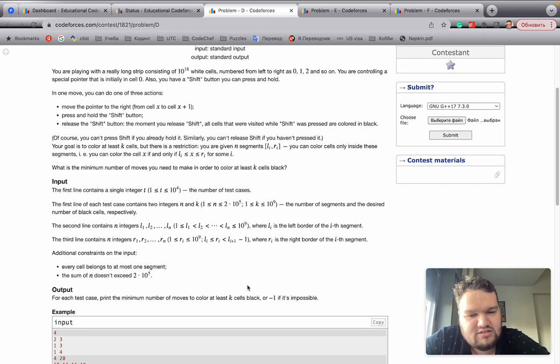Okay, it seems like I should be able to maintain a multiset of available lengths and the sum of lengths of segments in that multiset.